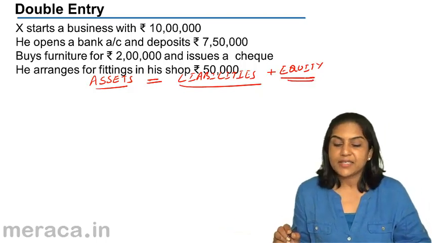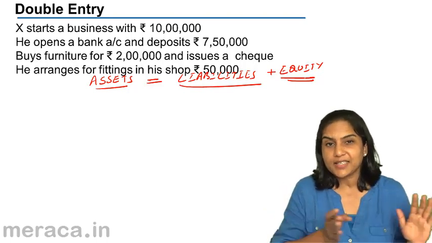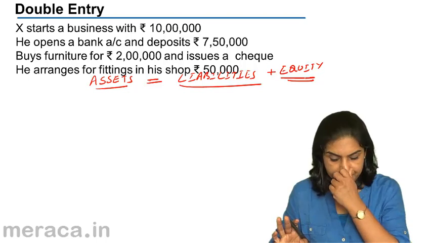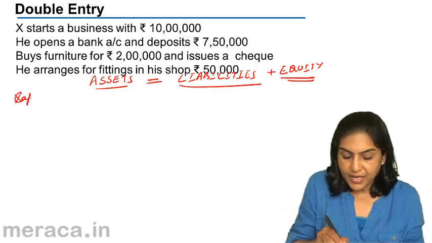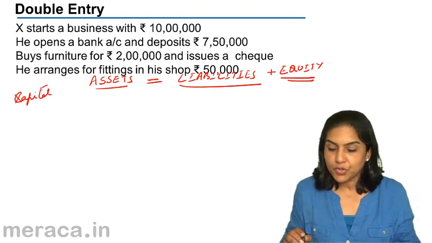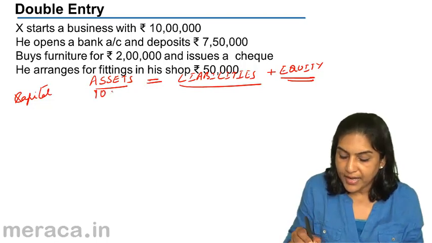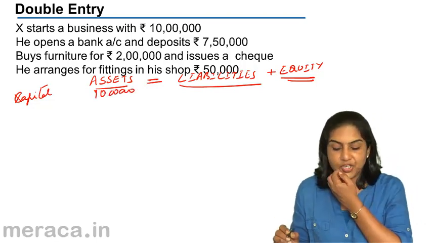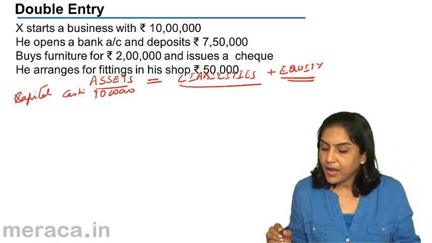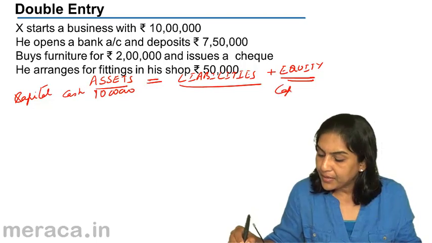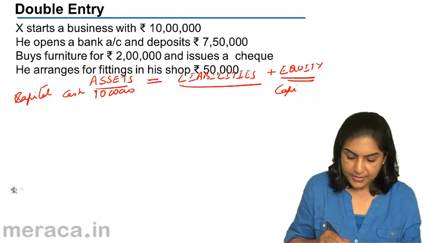First thing is that X starts a business with 10 lakhs. Remember, the entity concept says that X is a separate person, the business is a separate person. So X brings money. It is actually called capital in the books. So what happens? There will be a cash of 10 lakhs, and capital of 10 lakhs.